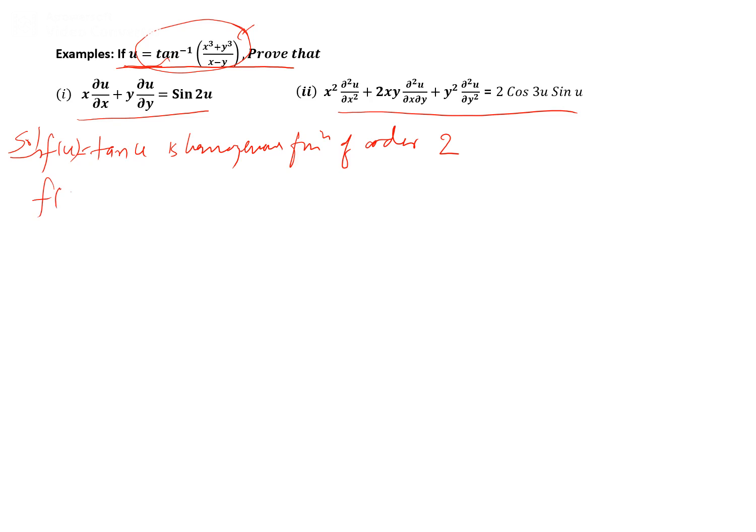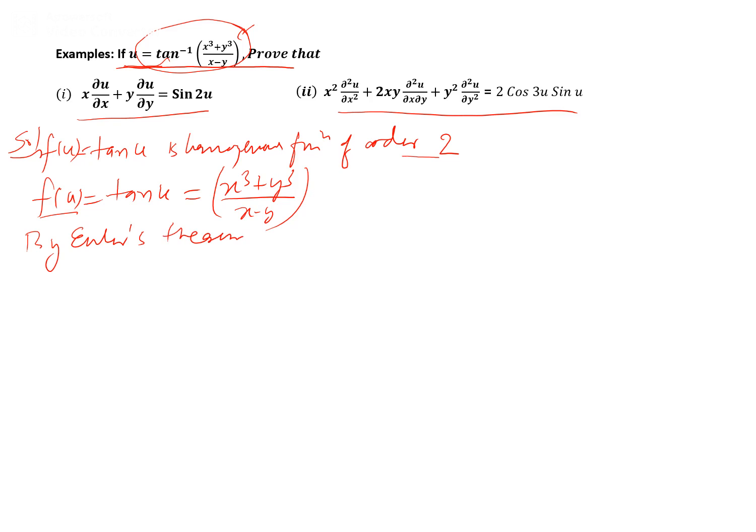So f(u) is equal to tan u is equal to x cube plus y cube upon x minus y. Now if you see, here f(u) is a homogeneous function of order 2 in x and y. So by Euler theorem, here we use the deduction of Euler theorem. Here f(u) is tan u, and tan u is what? x cube plus y cube.